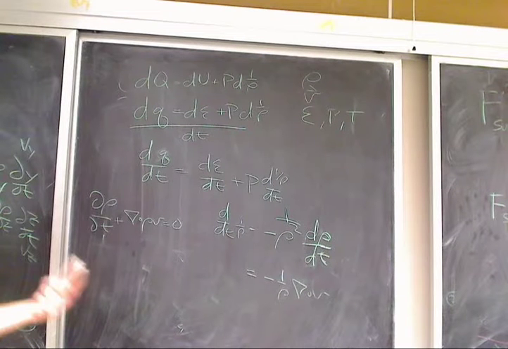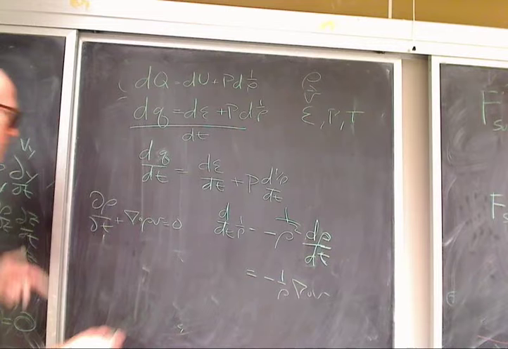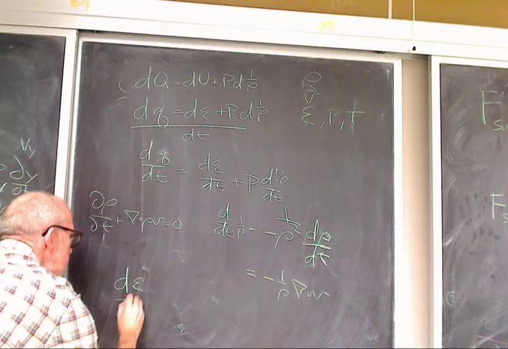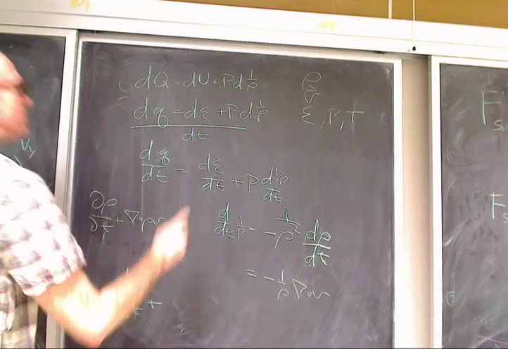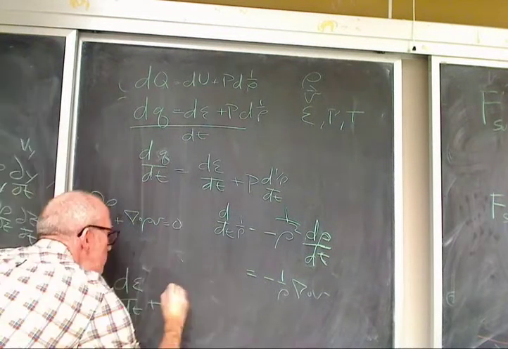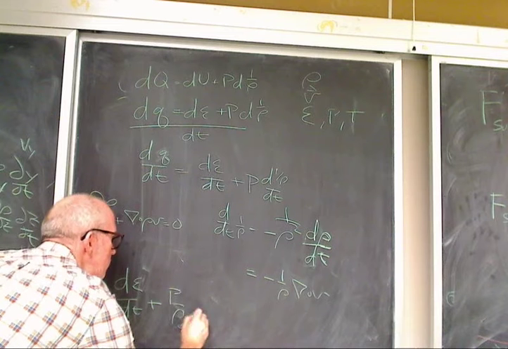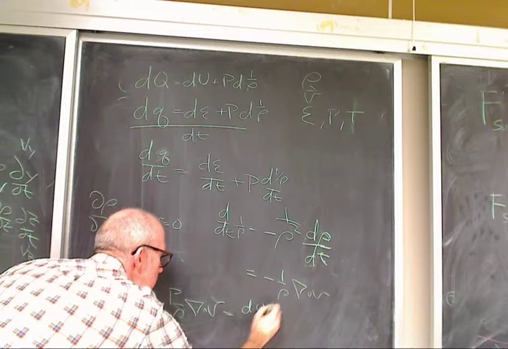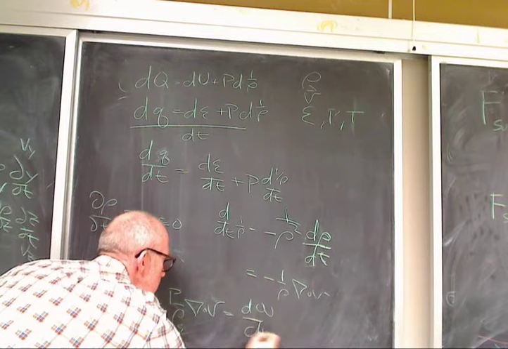Everybody follow that? So now my internal energy equation states dE dt plus P over rho div v equals dq dt.